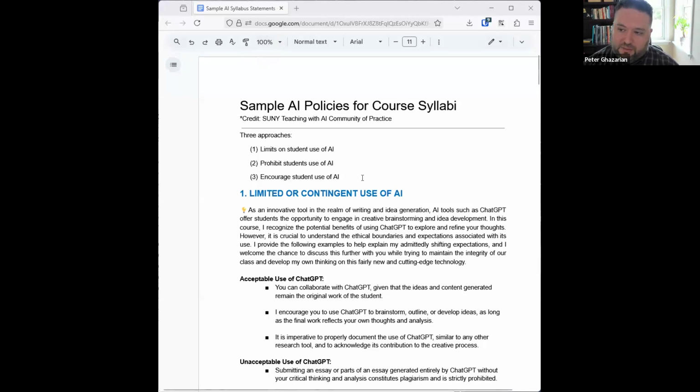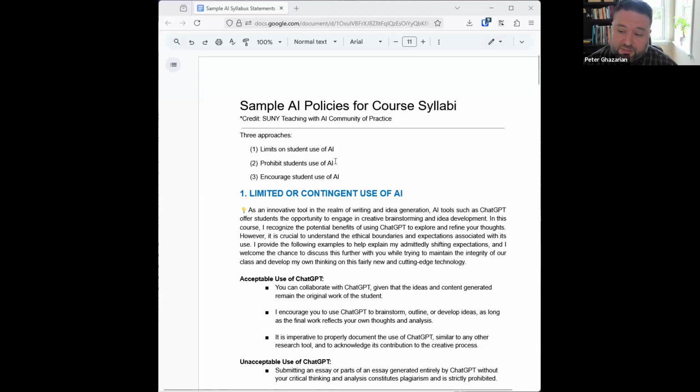So when you're thinking about what you want to include in your syllabus for an AI policy, the first step is to consider the level of use that you're okay with for your course. And broadly speaking, there are going to be three levels. There's some sort of limited use of AI, so some level is okay, but there's no free rein here. There are limits about what students can and cannot do.